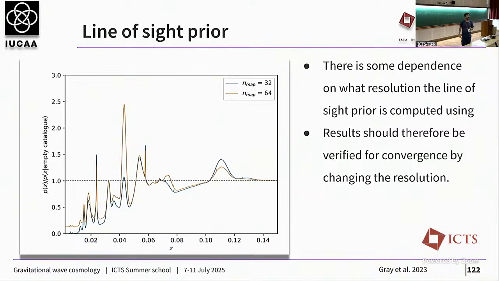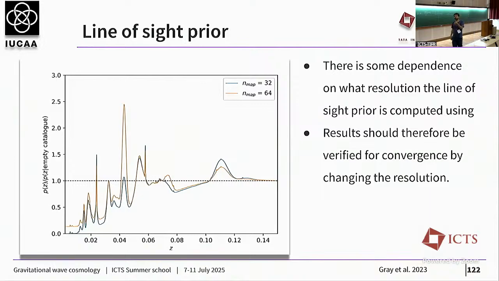Depending on your resolution, you will either smooth out these overdensities, or if you go to higher resolution, you can pick them up much better. You can think of it as if you had completely forgotten about the sky localization of your galaxies and computed over the entire sky: everything would completely smooth out to the uniform expectation that we have.